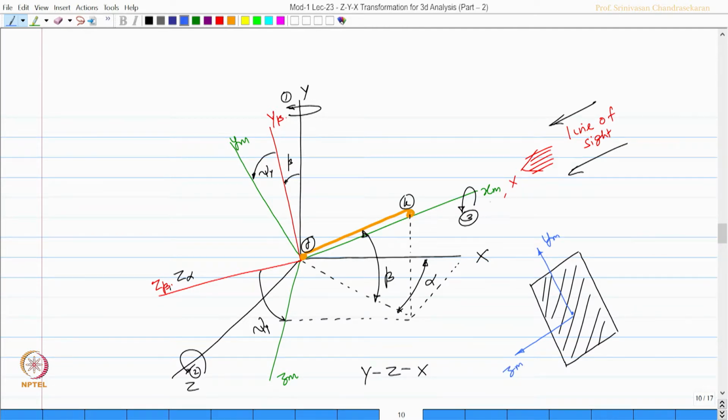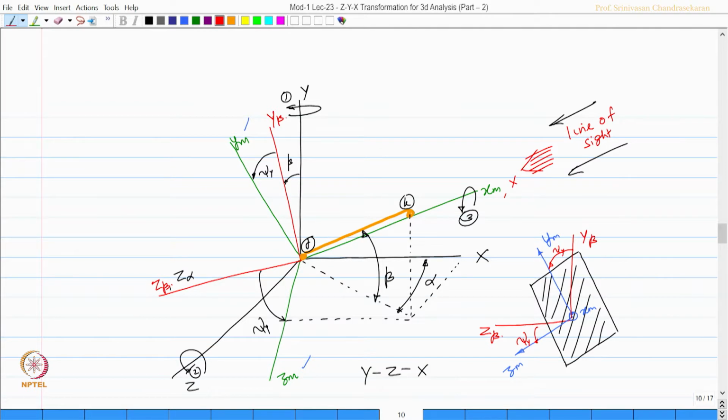When I see from here I am seeing through. So, this becomes my x m, y m is vertical and z m is to the left. Let us now mark y beta and z beta. So, this is y beta, this is z beta. The angle between y beta and y m or z beta and z m is called psi y.